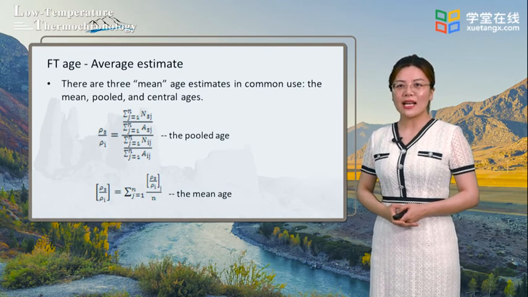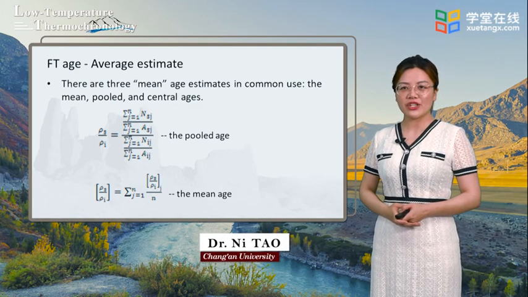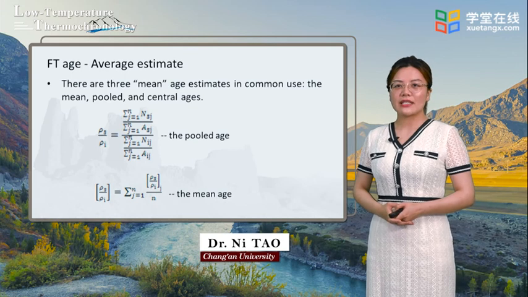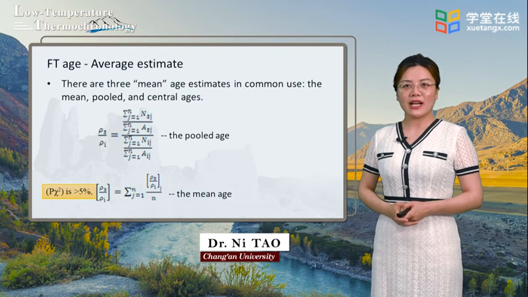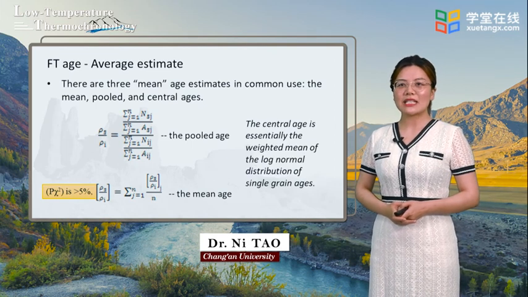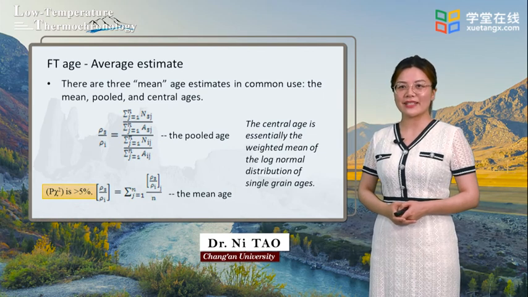The latter has been used when the distribution of counts is inconsistent with purely Poissonian variation, assessed with a conventional chi-square statistic. The central age is a more recent development and is essentially the weighted mean of the log normal distribution of single grain ages.